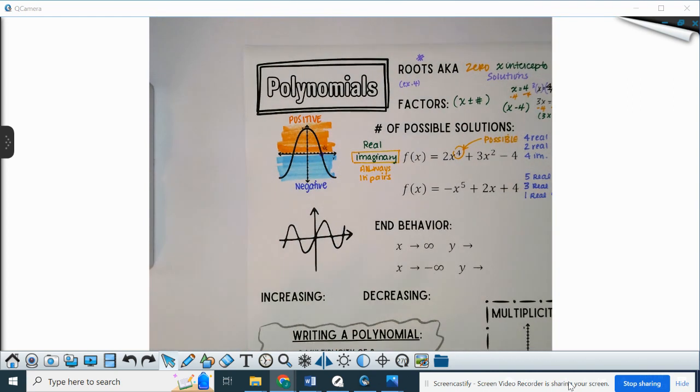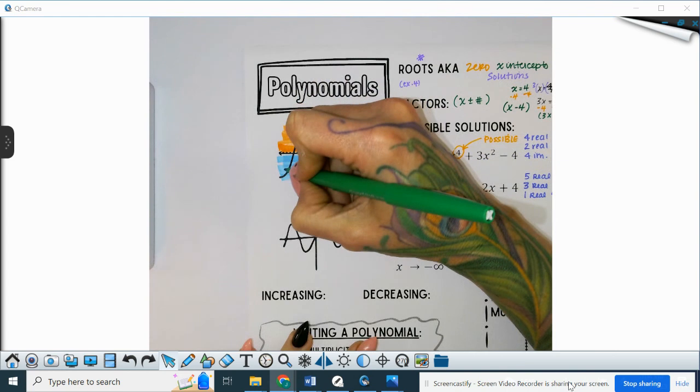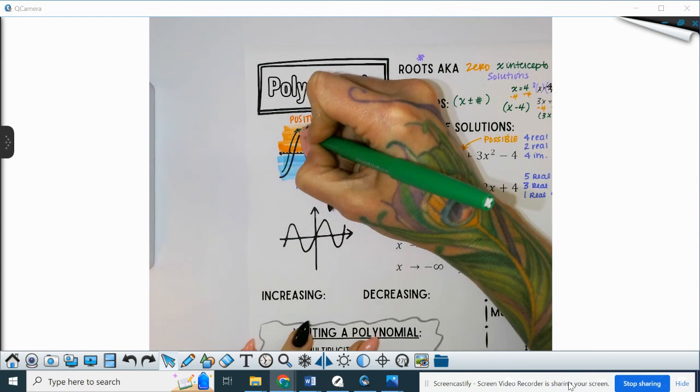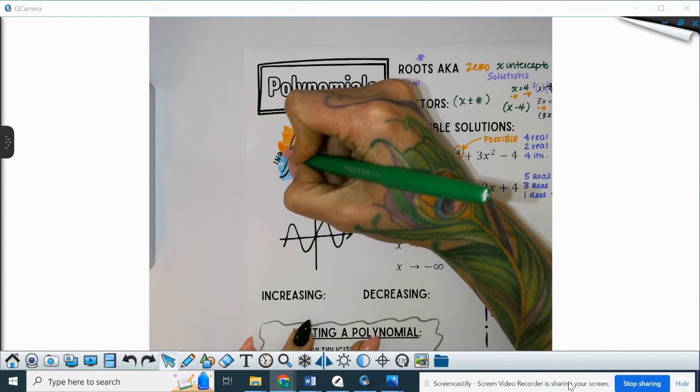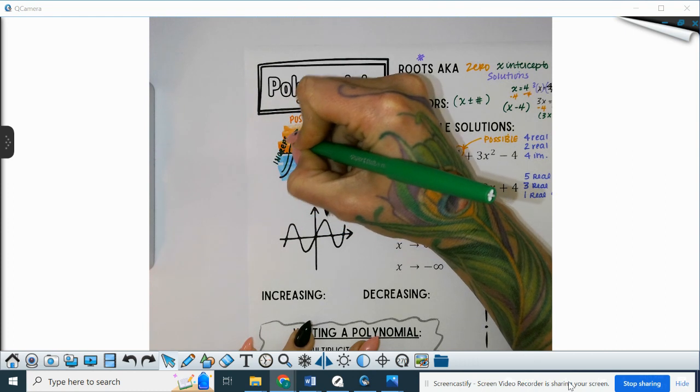Positive and negative. Increase versus decrease is the direction of the line as I look from left to right. So this is going to be my increase because it is going up.